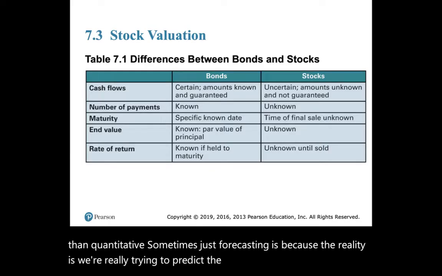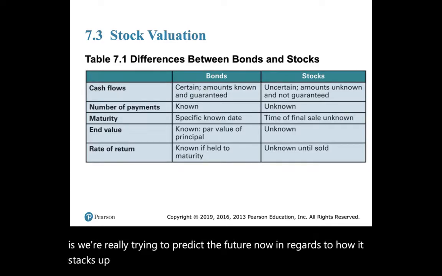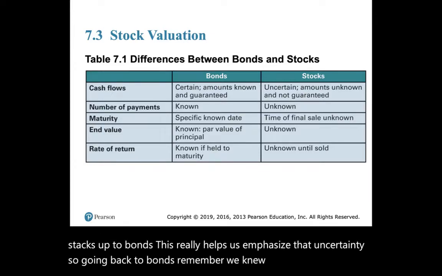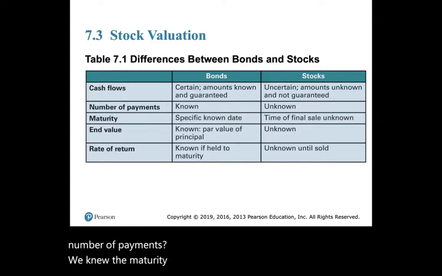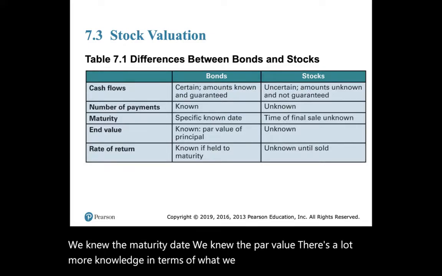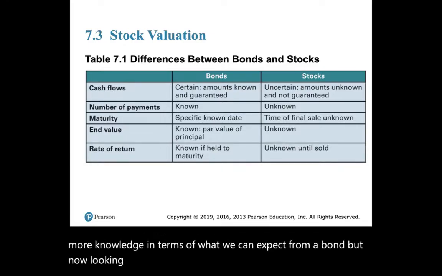Now, in regards to how it stacks up to bonds, this really helps us emphasize that uncertainty. So going back to bonds, remember we knew the number of payments, we knew the maturity date, we knew the par value. There's a lot more knowledge in terms of what we could expect from a bond. But now looking at stocks, there's a lot more uncertainty, right? So we don't know when we're selling the stock.